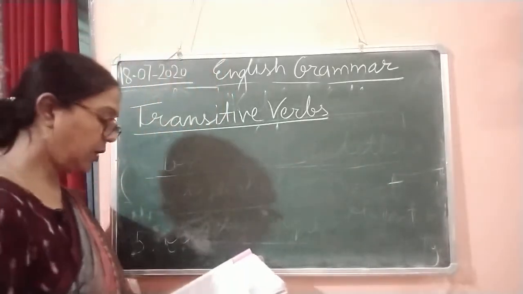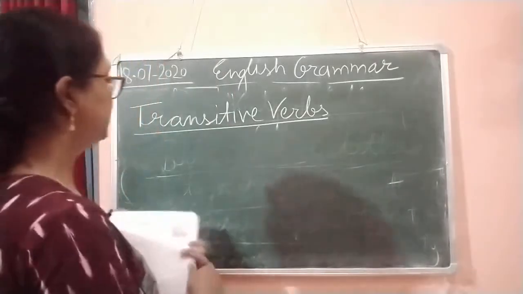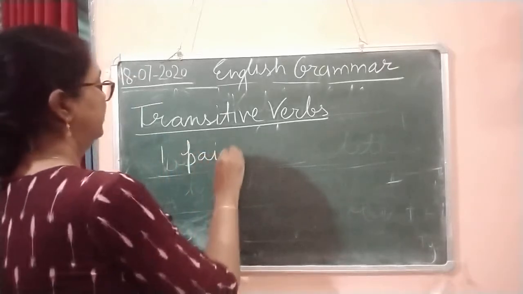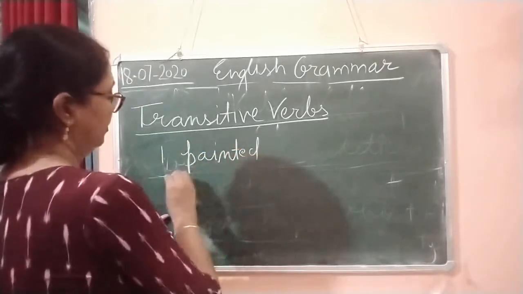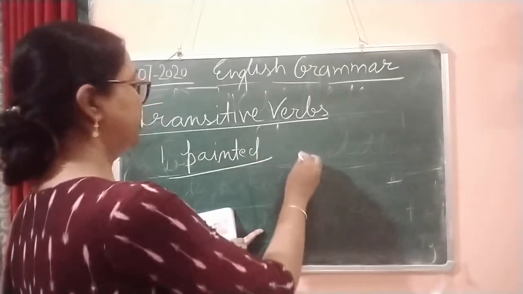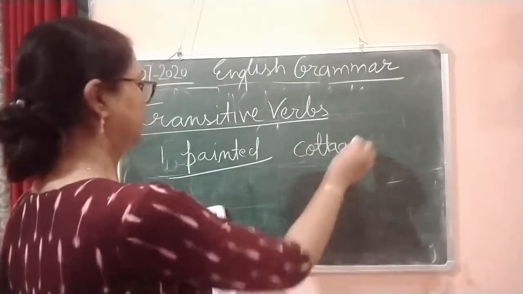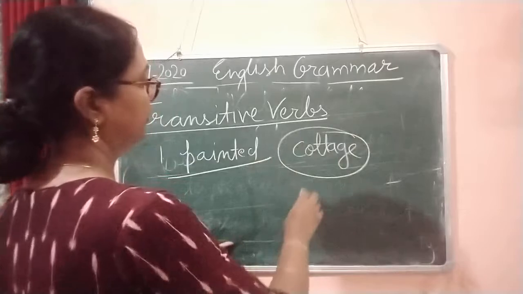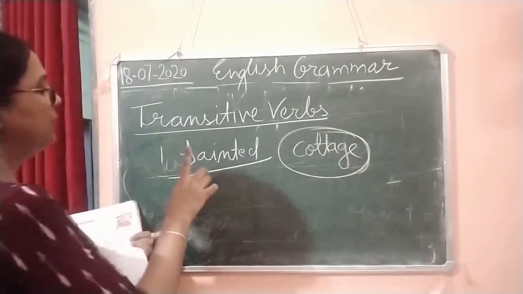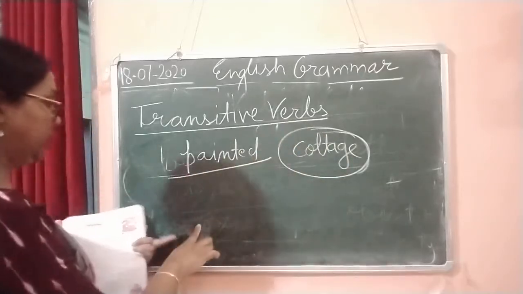We have to underline the verb and circle the object in each sentence.